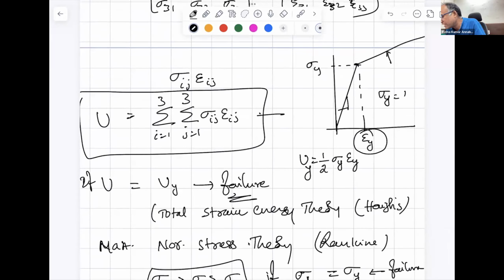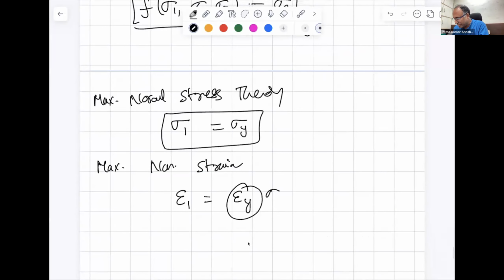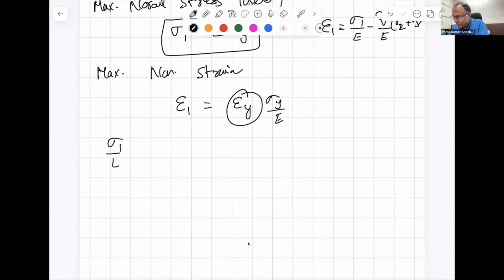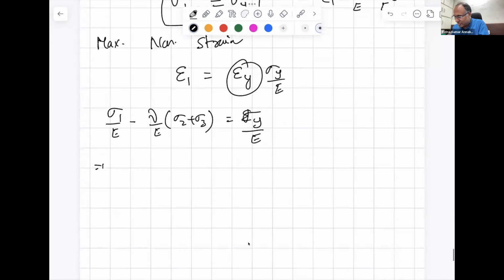Sigma y is equal to E times epsilon y, so epsilon y is equal to sigma y by E. So epsilon 1 is equal to sigma 1 by E minus mu by E into sigma 2 plus sigma 3, equal to sigma y by E. That implies sigma 1 minus mu times sigma 2 plus sigma 3 must be equal to sigma y.